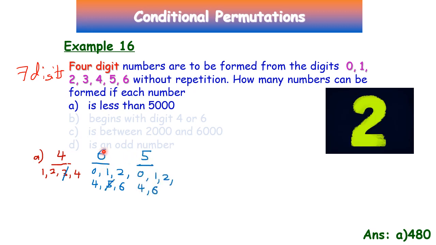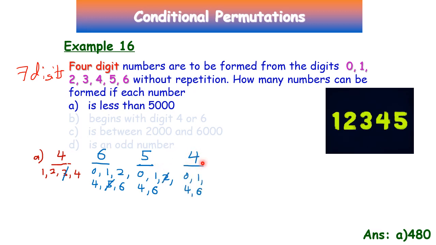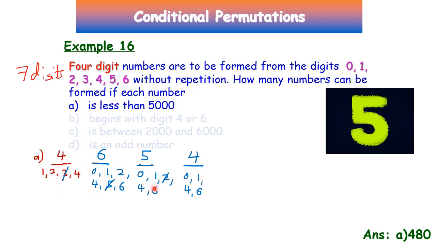And then after using one for the second digit, we still have 5 for the third place. And lastly, for the fourth place, to complete the 4 digits, we still have another 4 remaining digits to choose. The cancelled-out digits here represent the digits already used for the second, third, and fourth place.